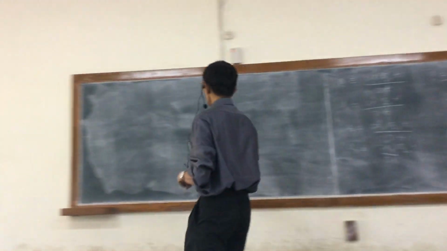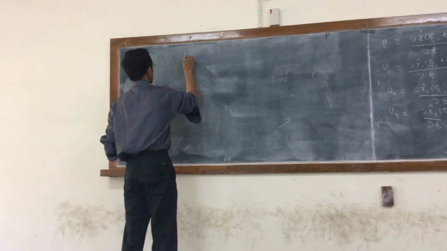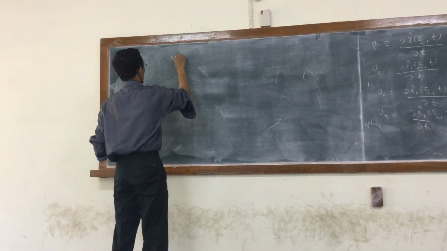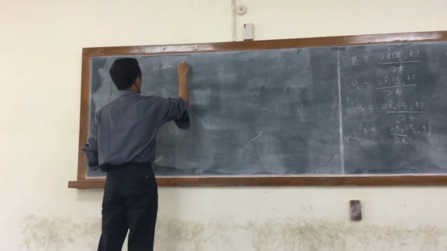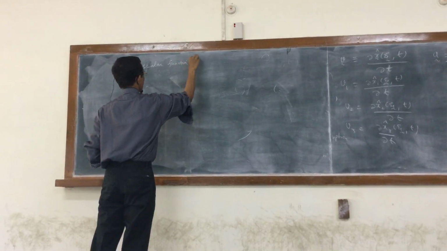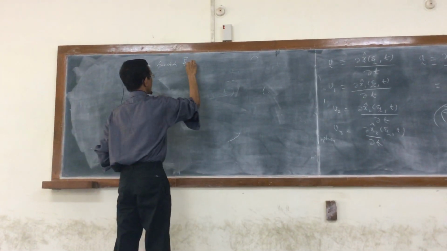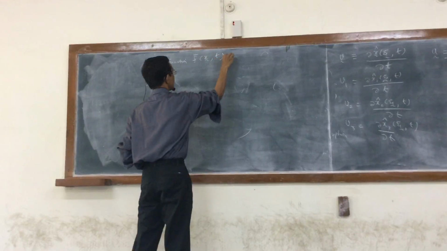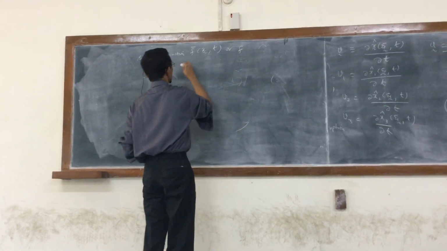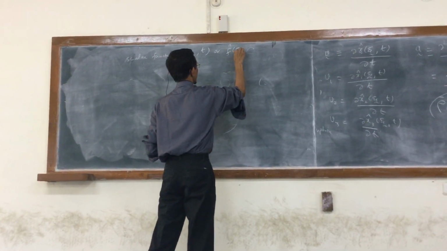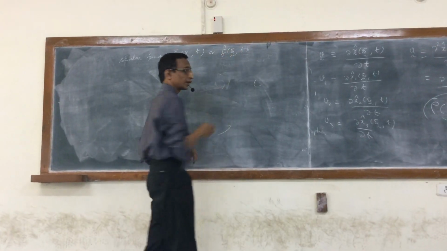In the same way, I will take a scalar function f, which can be expressed as a function of x and t, or can be expressed as a function of psi and t.